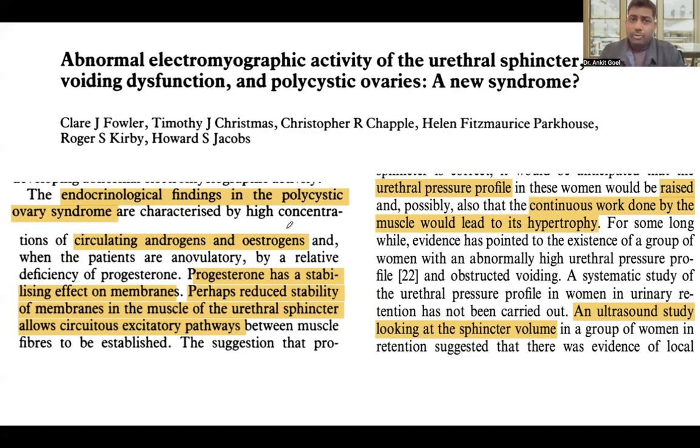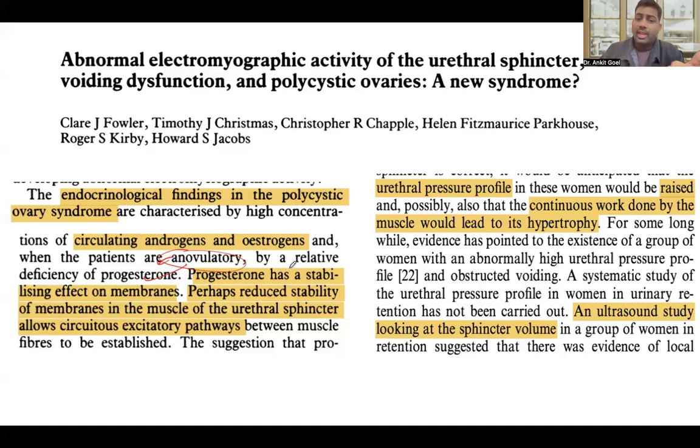This description by Fowler says that when a young lady comes with retention, you get a hormonal evaluation as well, and you see that there are low levels of progesterone and there might be increased androgens or estrogen. The main problem is with the low levels of progesterone. Progesterone is also responsible for ovulation. So when there is an anovulatory cycle, the progesterone levels are also low. Anovulatory cycles lead to PCOS, and anovulatory cycles are associated with low progesterone.